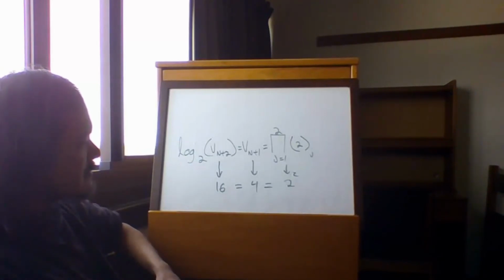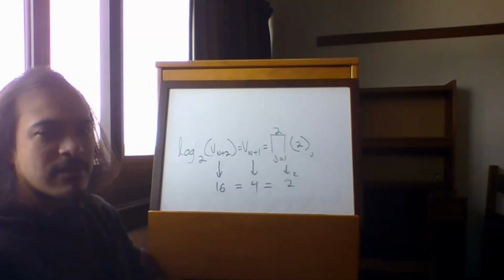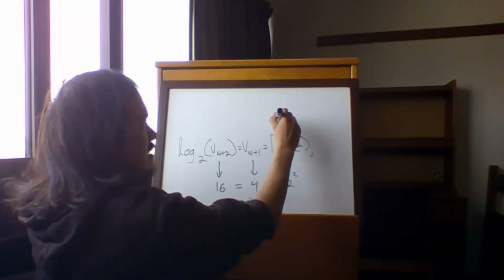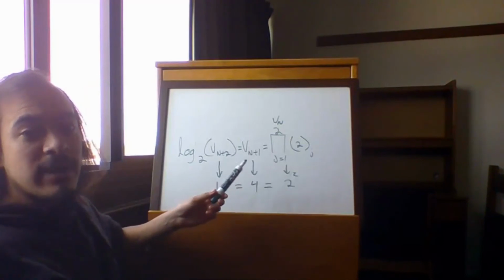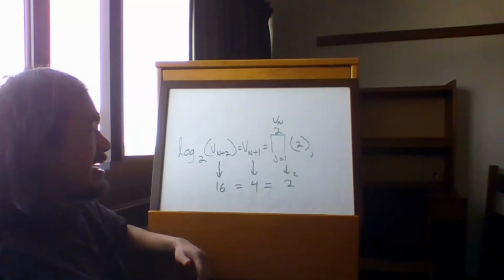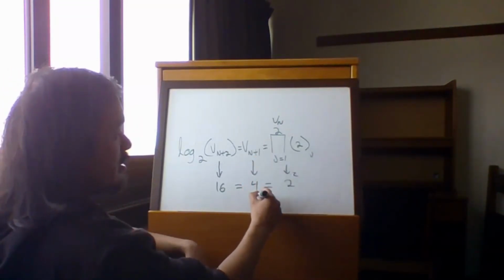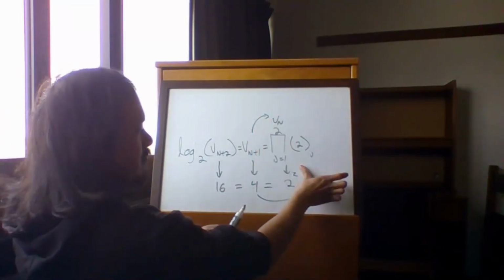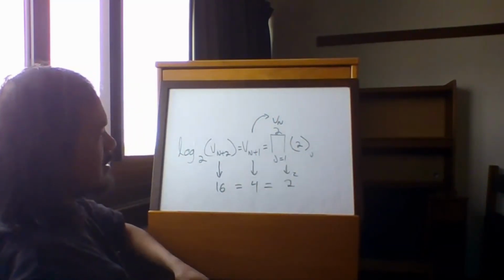Now, if we increment up 1, because remember in the beginning that this was n, which is our current one, and if we go up 1, n plus 1, that means the 4 now goes here.